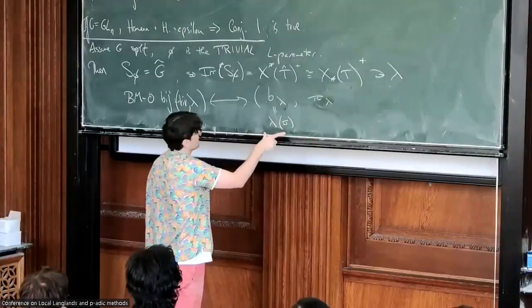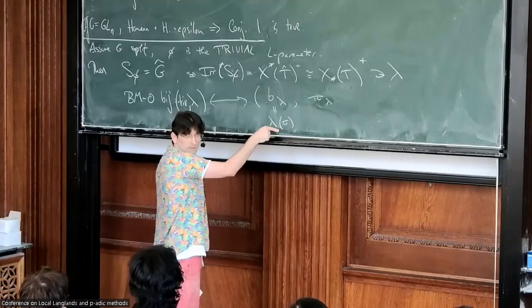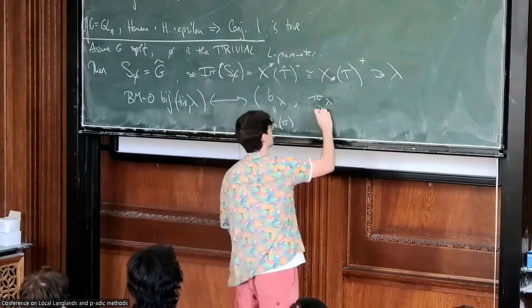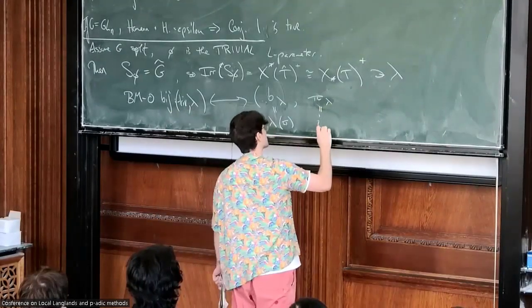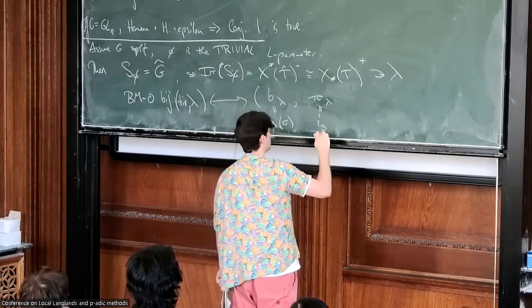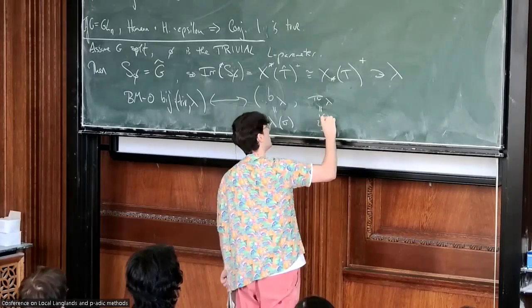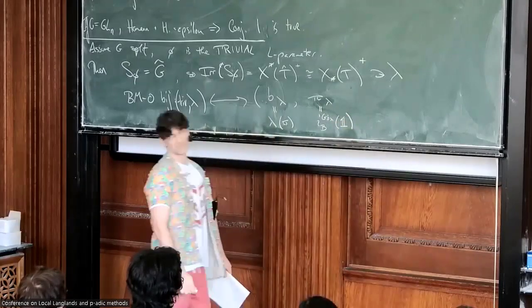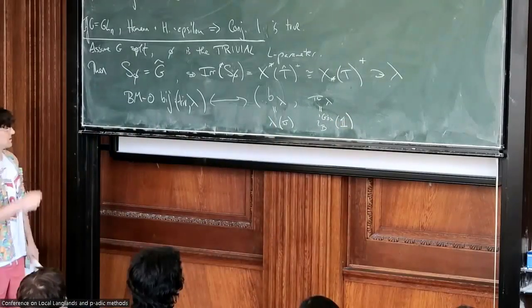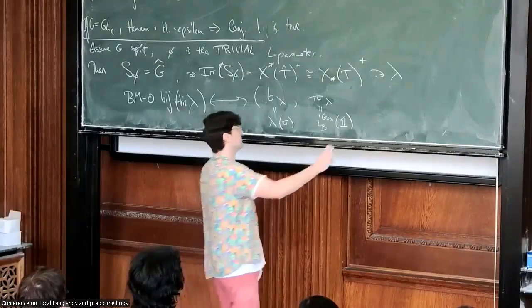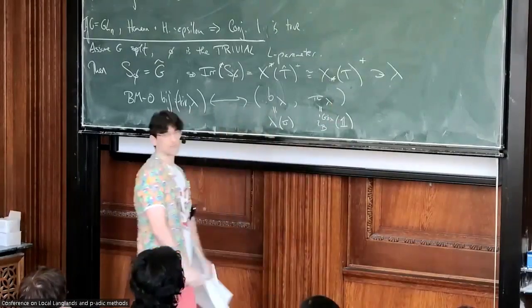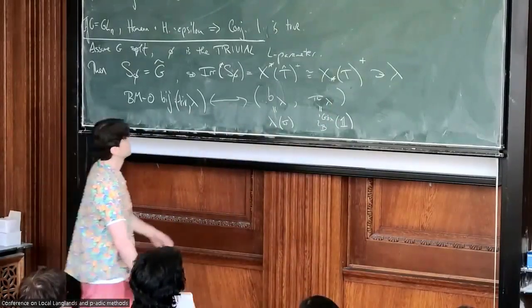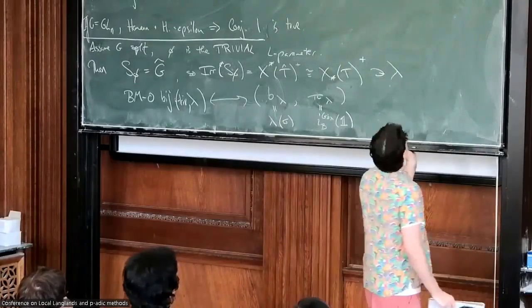It is just the centralizer of lambda, so it's a Levi in G. And then what is pi? It's just the normalized parabolic induction from any parabolic in G_b of the trivial representation. In particular, it's an irreducible, tempered, whatever, parabolic induction. It's extremely nice from the point of view of representation theory.